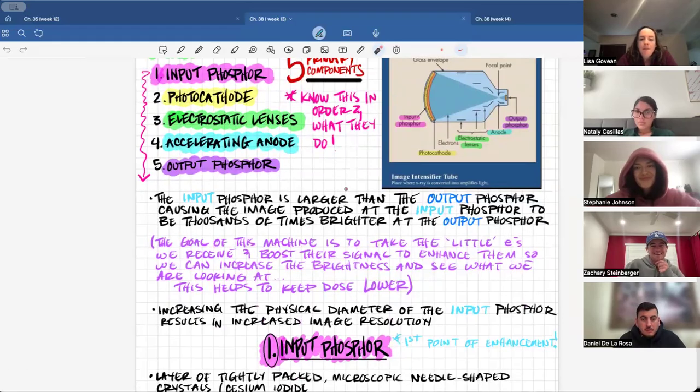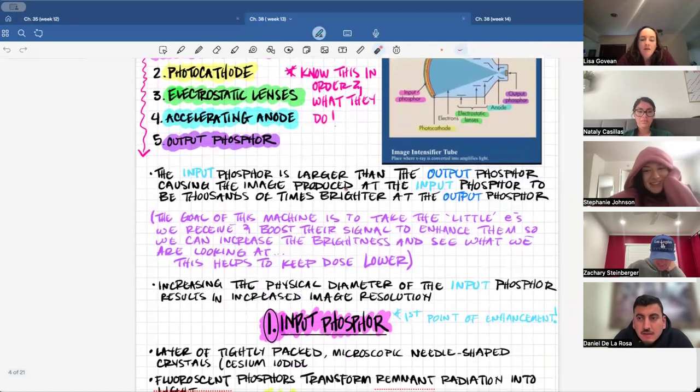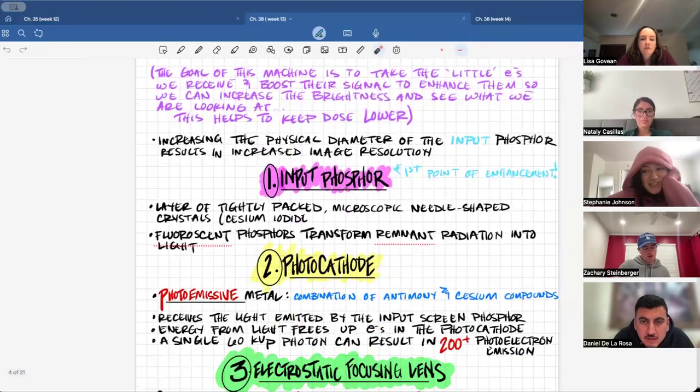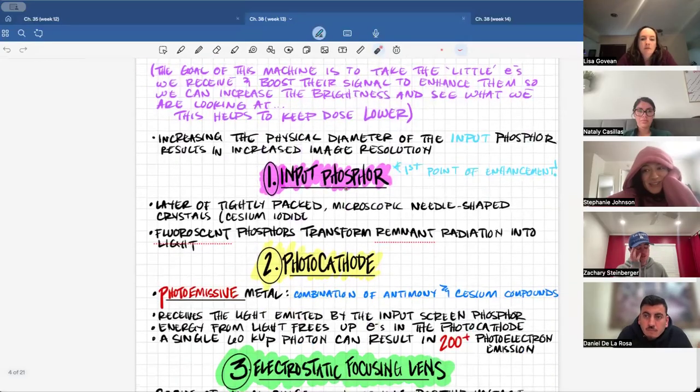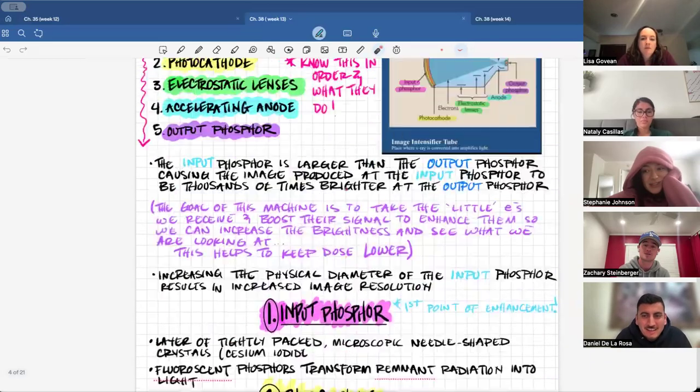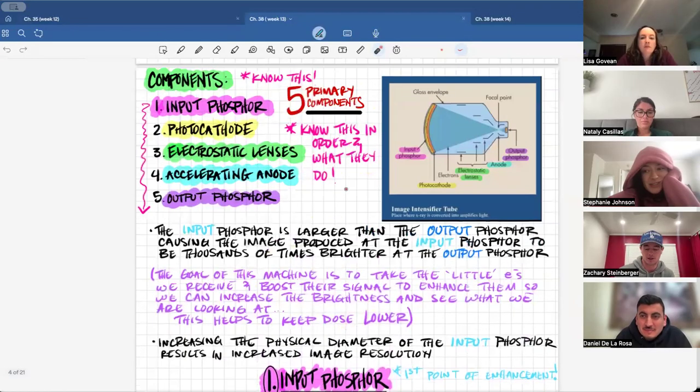I was having a hard time too, but Zach, do you understand this one a bit better? I have been in fluoro maybe 4 or 5 times, because when I go to St. Inez on Tuesdays and Thursdays, the rad is not there. The rad's only there Monday, Wednesday, Friday.